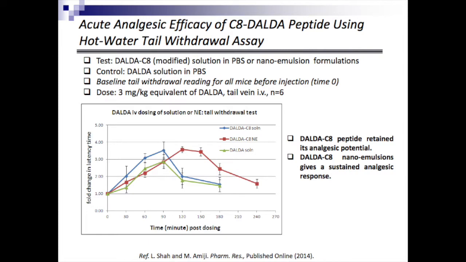For this test, we used CD1 mice. Our dose of the peptide was 3 milligrams per kilogram, and we compared the nanoemulsion form of C8 modified DALDA with the solution form of C8 modified DALDA. We also used just the native DALDA itself, without the lipid modification, as a control to make sure that we have not seen any change in the activity with the C8 modification.